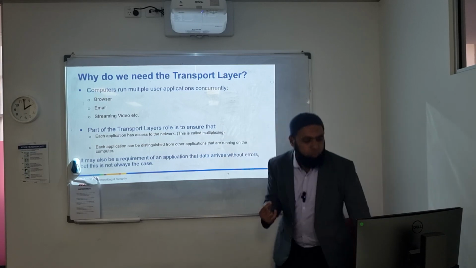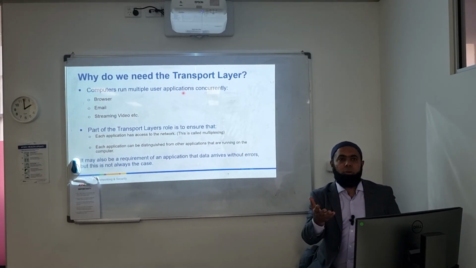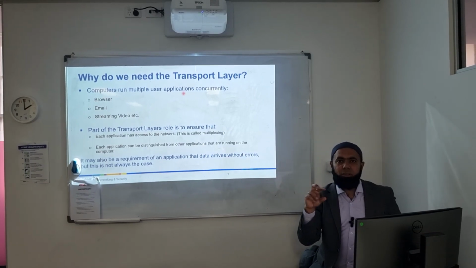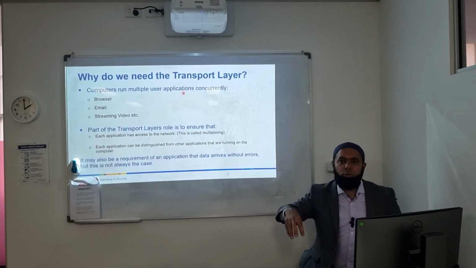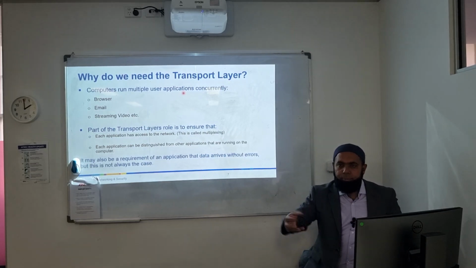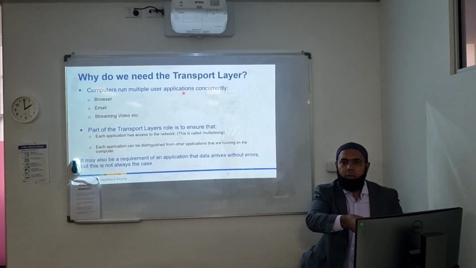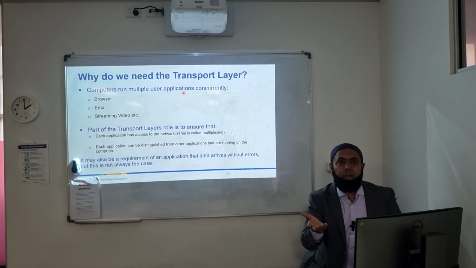So why do we need the transport layer now? As I mentioned before in that question at the start, when the data reaches your doorstep, from that doorstep to taking it inside the house, deciding which person gets which data is the job of the transport layer, and that is done by port number.